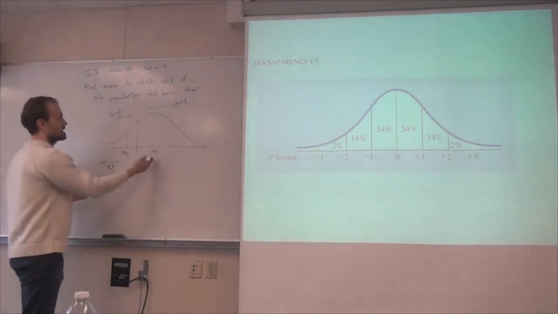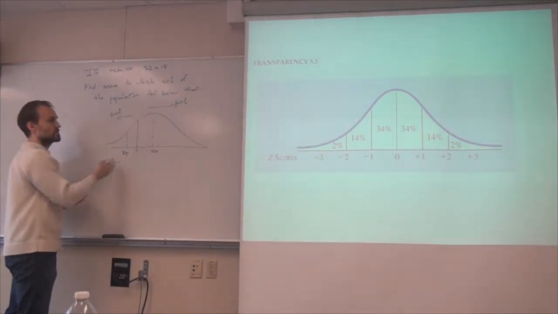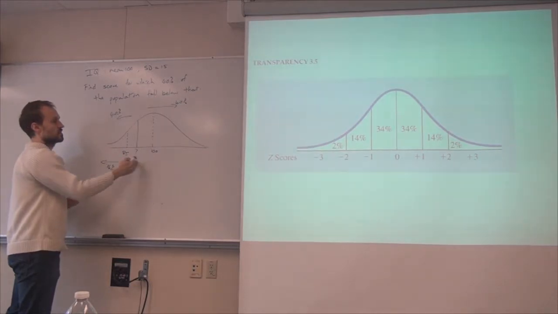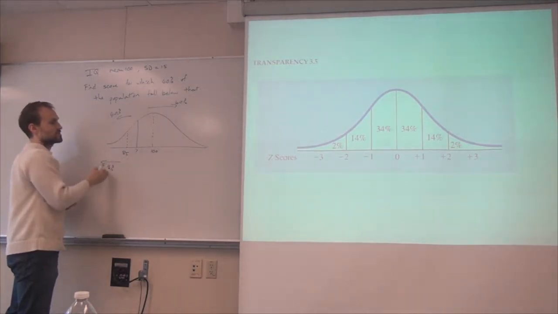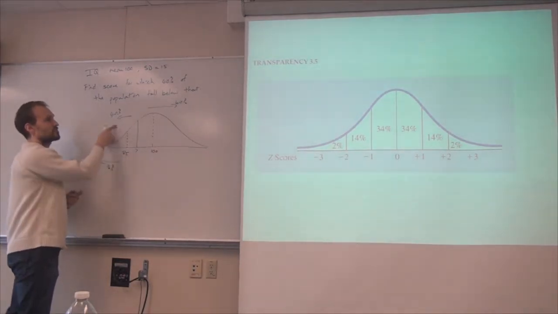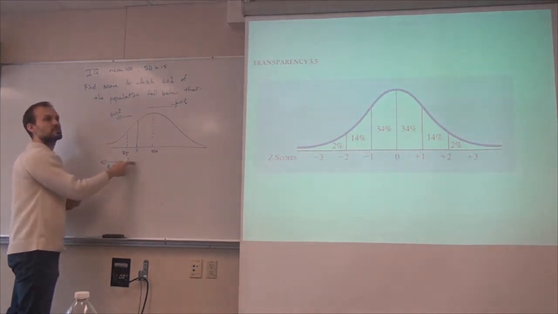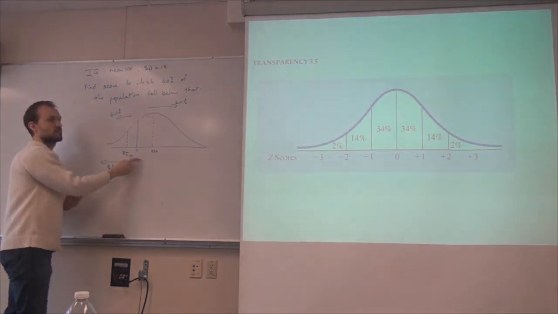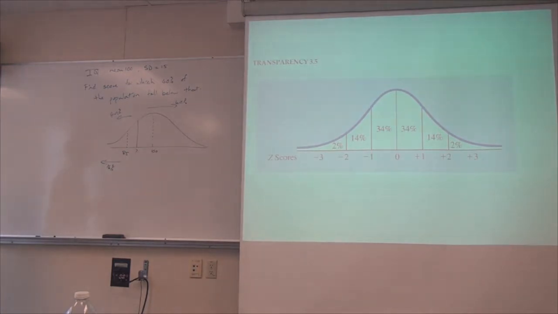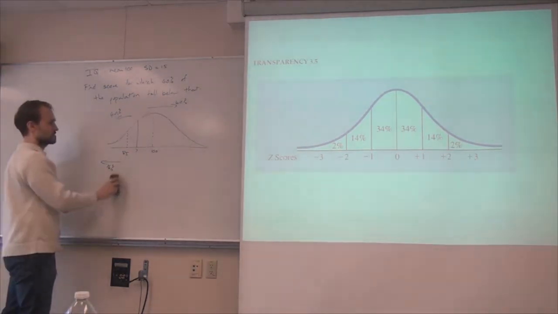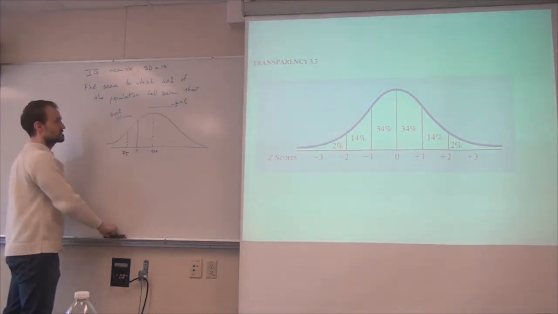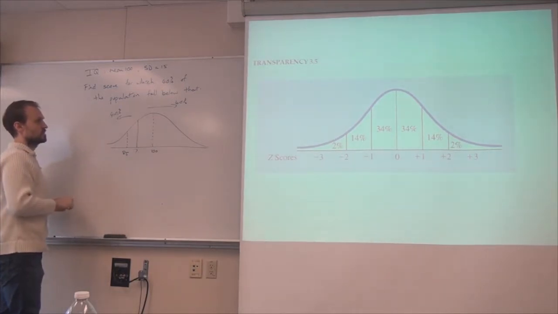So 50% below if I start at 100, 16% below if I start at 85. I'm looking for 40, so it's going to be between these two. Everyone happy that it's between those two?